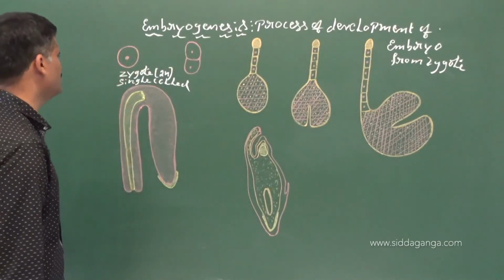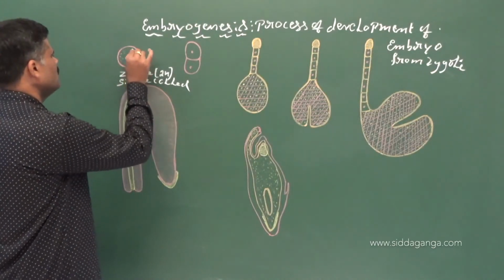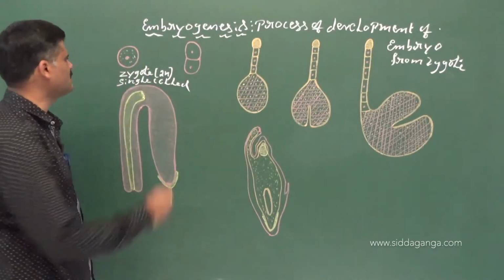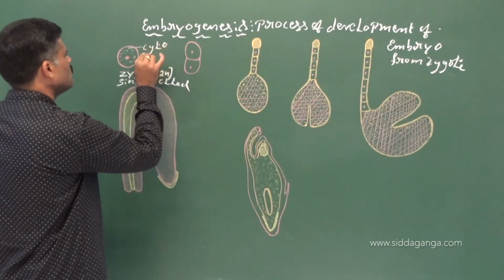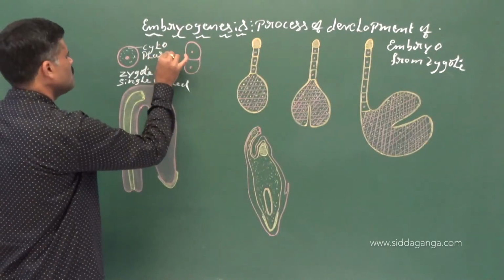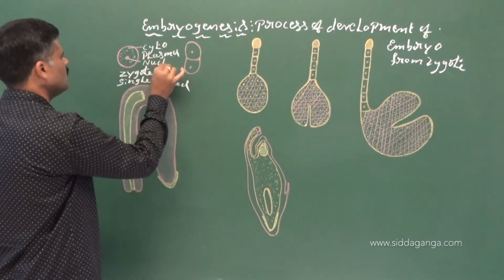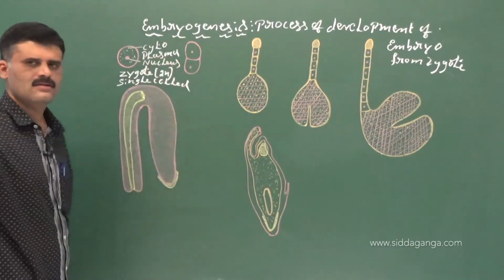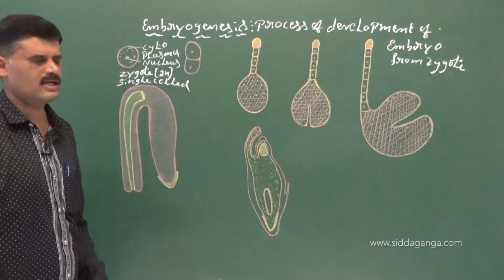So this single celled zygote consists of dense cytoplasm and the nucleus. So this is the cytoplasm and this is the nucleus. Okay. Then this zygote undergoes mitotic division.